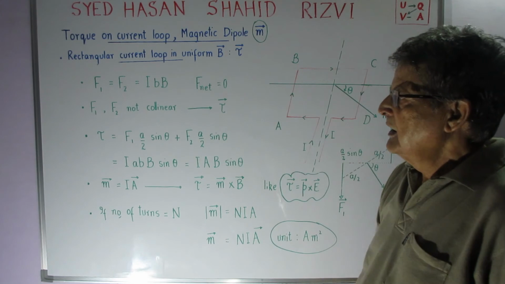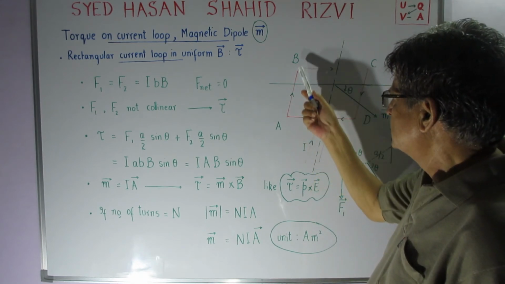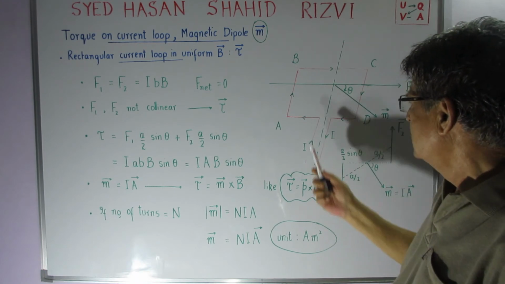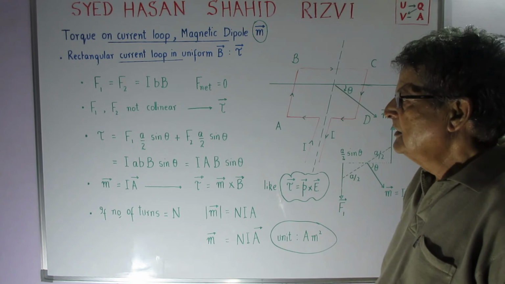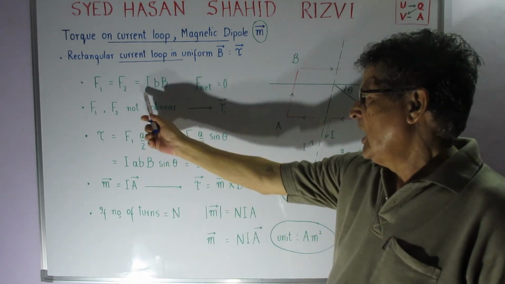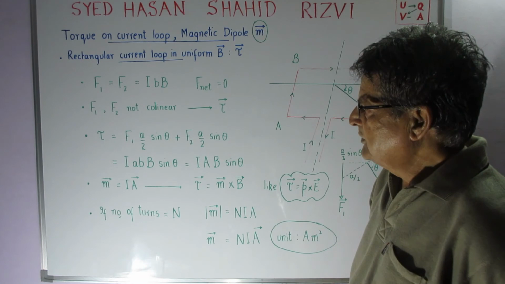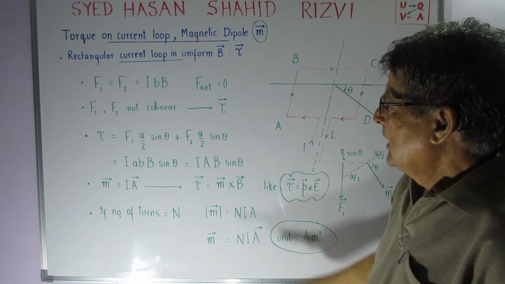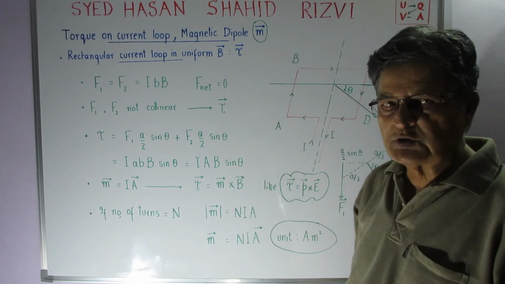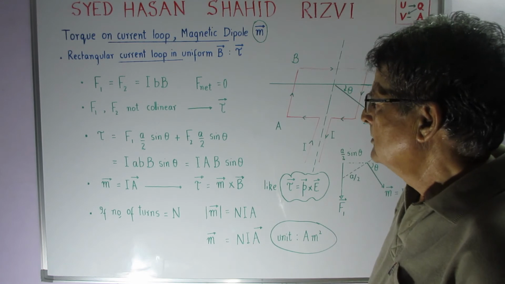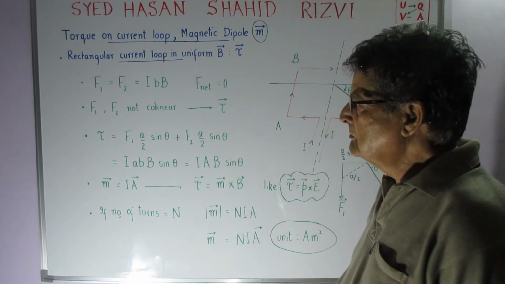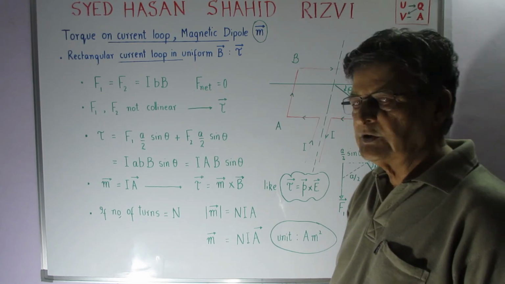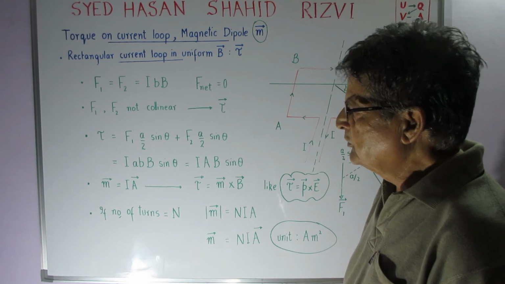Of course F1 and F2 are the forces on this side and this side, where the value is IBb. In fact, the formula is ILB sine theta. And the net value of the force is equal to 0, because vector F1 is equal to minus vector F2.